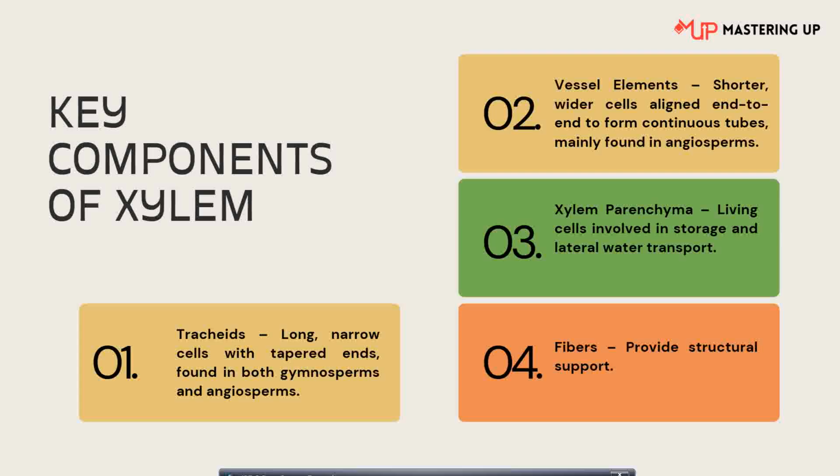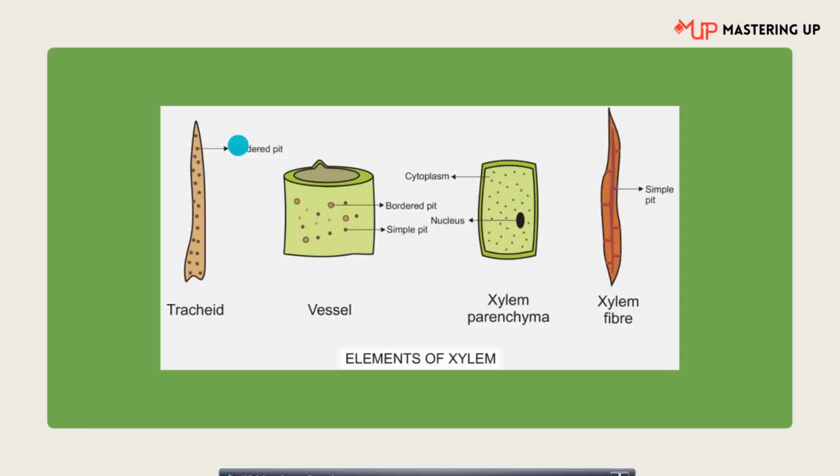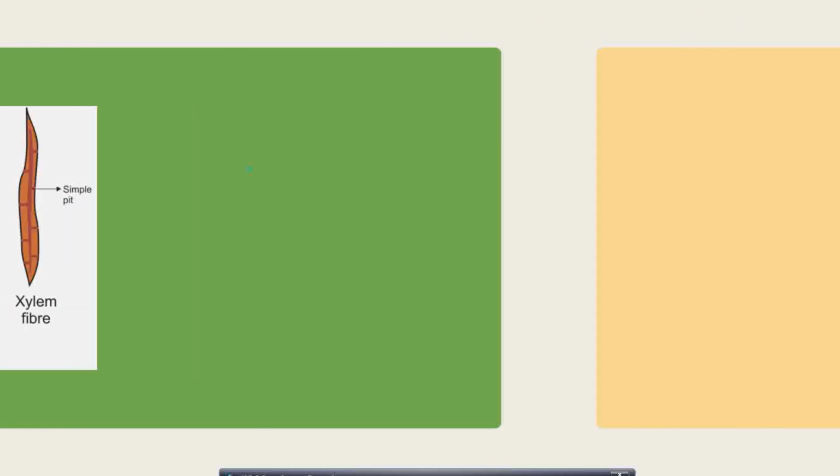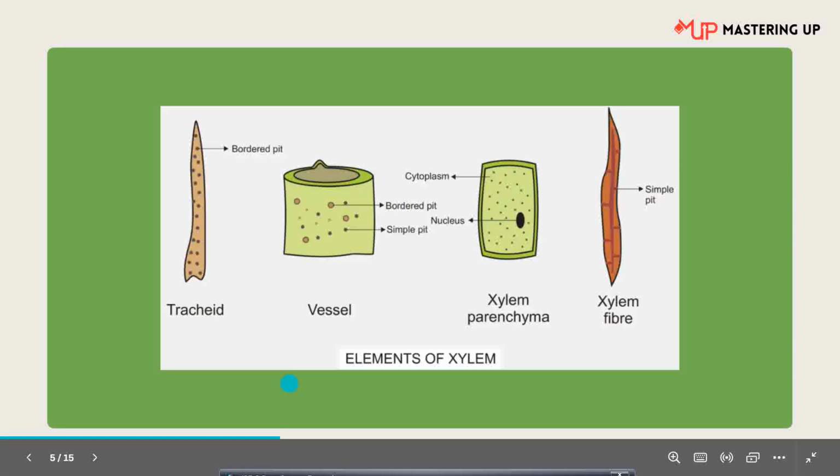First of all, tracheids. Tracheids are long, narrow cells with tapered ends. In this picture, you can see this end, this is known as the tapered end. Here you can see these tracheids have tapered ends, and they are long, narrow tubes.